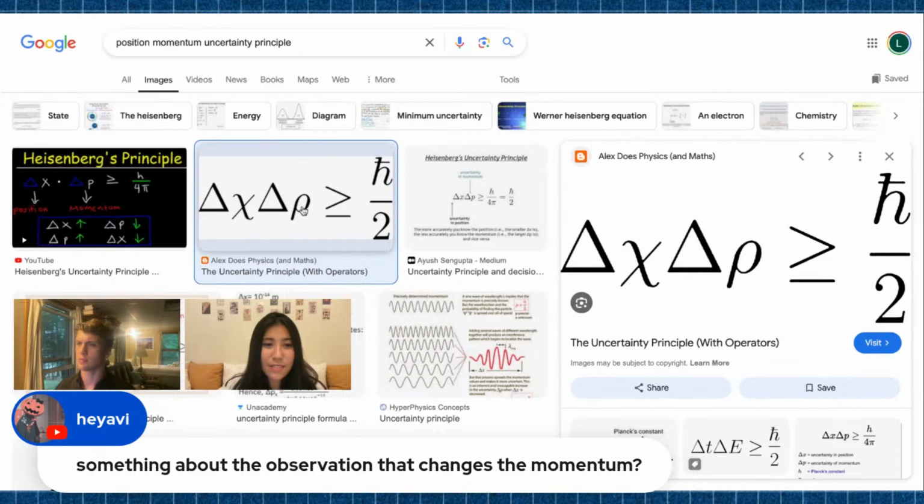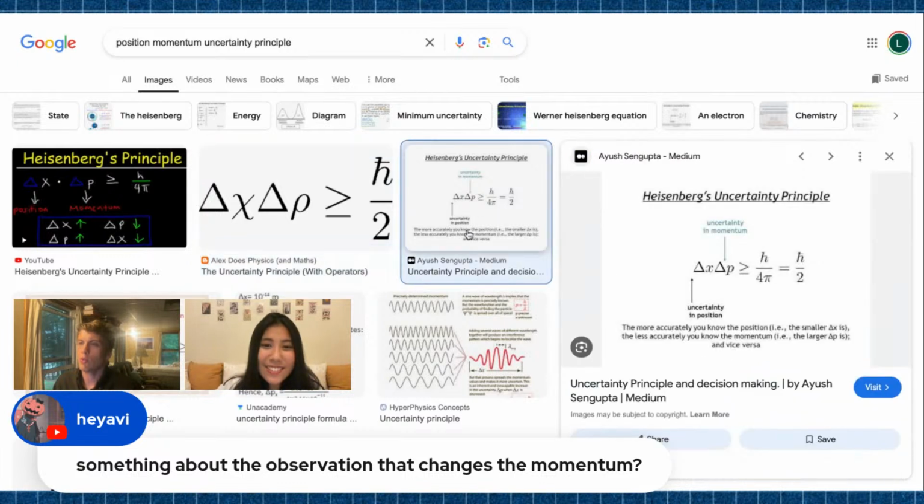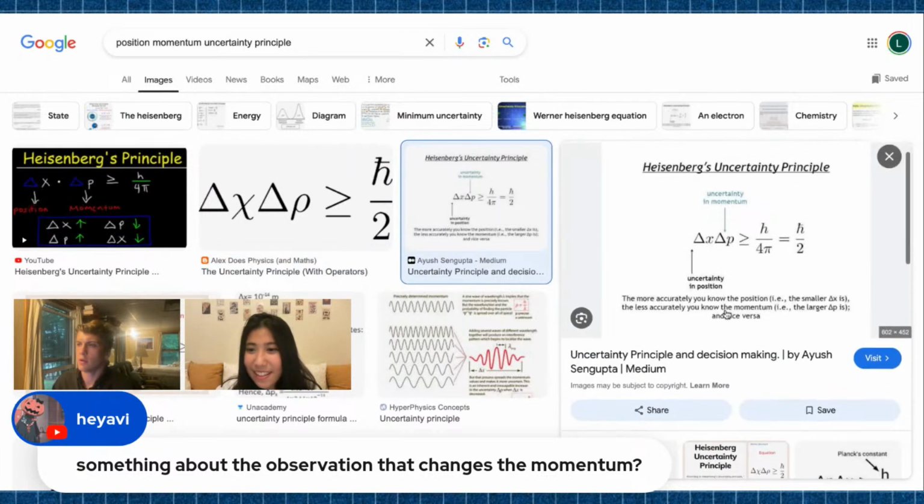That product is greater than or equal to h bar over 2, where h bar is Planck's constant over 2 pi. So what does the operator mean here? We've got the uncertainty in the position, delta x, and delta p, the uncertainty in momentum, which is greater than or equal to h over 4 pi.